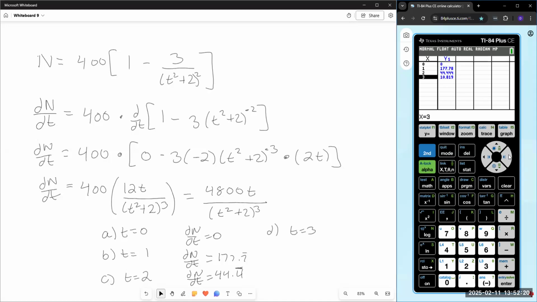We have 10.8189, and so on and so forth. So let's just call that 10.8 for dn/dt. And E is t equals 4. dn/dt is approximately 3.3.